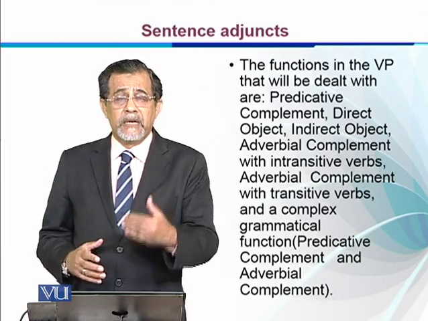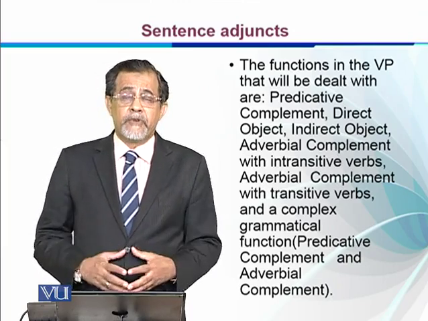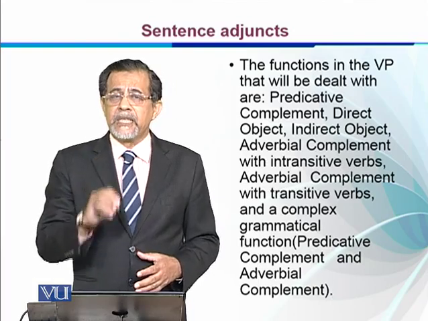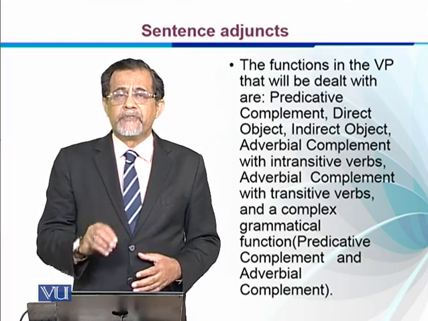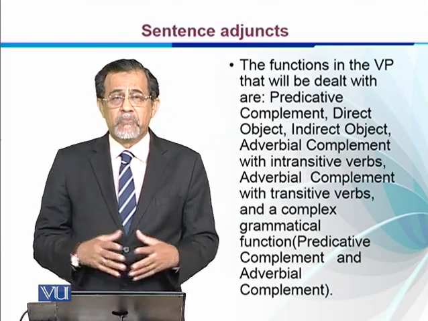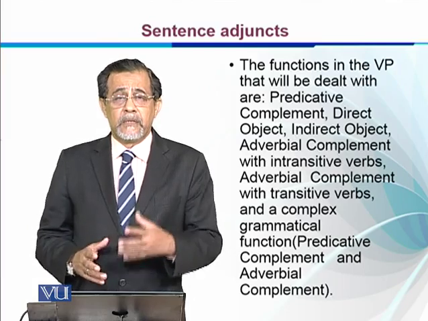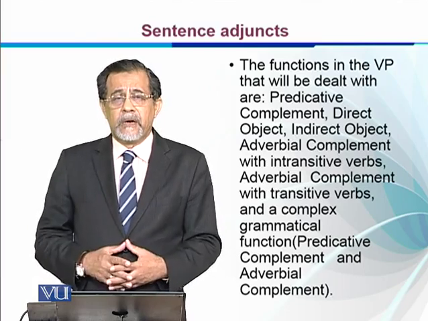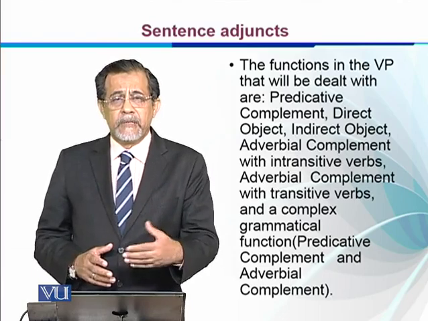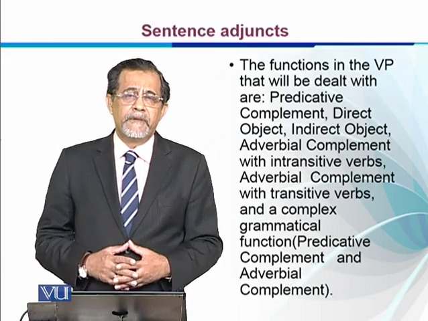Then we have monotransitive, ditransitive. So there are different types of verb, and it is the verb that selects what is to come after it and what is not to come after it, right? So we have just said that there are some obligatory elements in the verb phrase and some adjuncts that are found in a verb phrase.